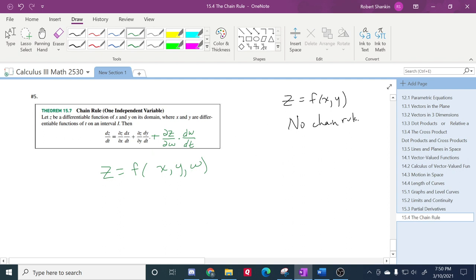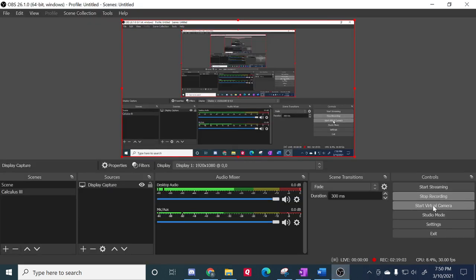A change in t increased by 1 would set off 3 different changes, and you'd have to incorporate them all. Any questions or comments? We'll stop here. Thank you very much.